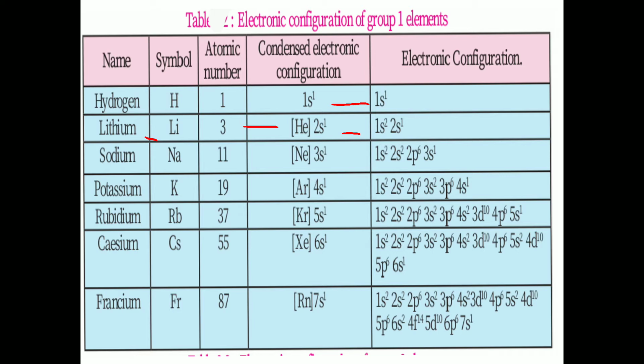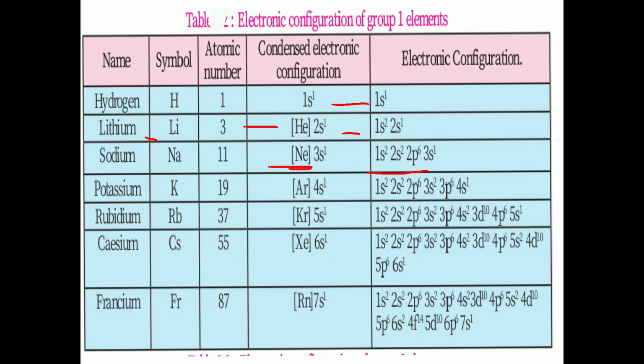The difference between the condensed electronic configuration and the electronic configuration is that here, without representing 1s2 2s2 2p6, we represent it by the nearby noble gas element, that is helium, neon, argon, krypton, xenon, radon. And at the outermost shell it is represented by only 3s1, 4s1, 5s1, 6s1 and 7s1 and so on.